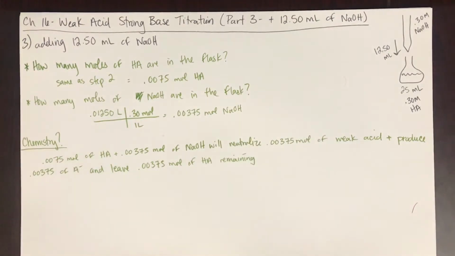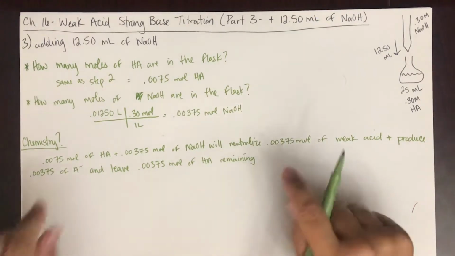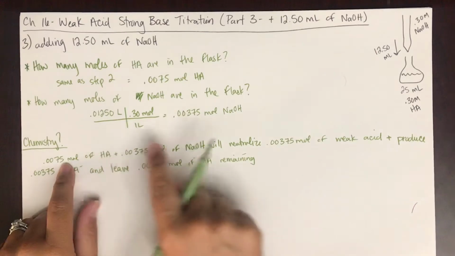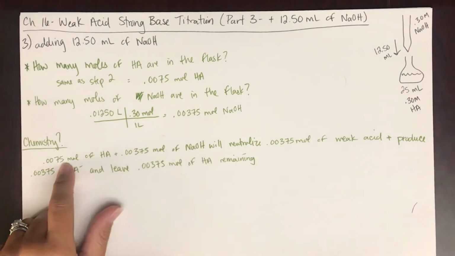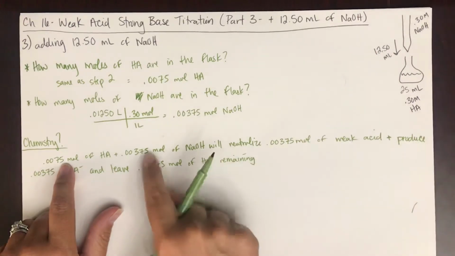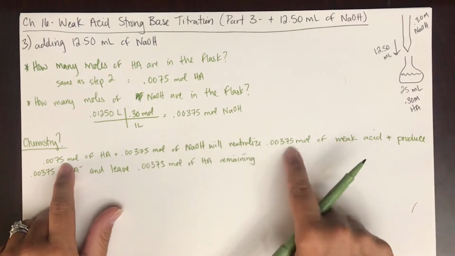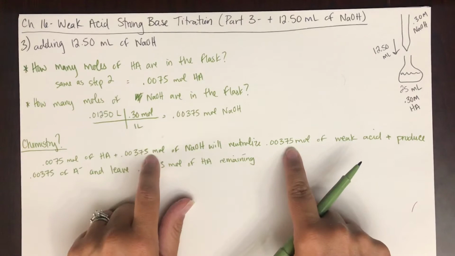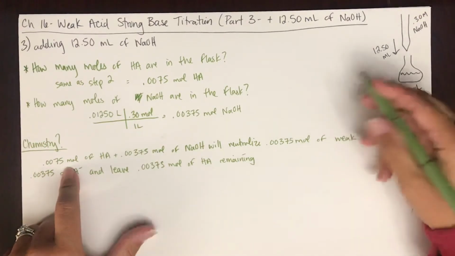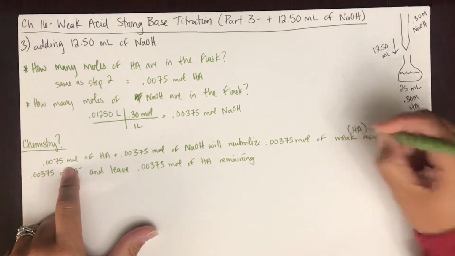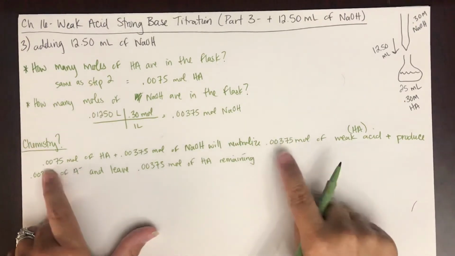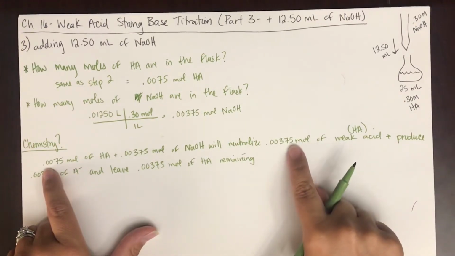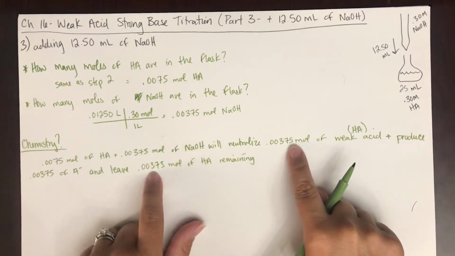Okay, that's kind of confusing. So we have 0.0075 moles of HA. The 0.00375 moles of sodium hydroxide is going to be totally used up. It's going to neutralize 0.00375 moles of the weak acid. So 0.0075 minus 0.00375 is 0.00375.